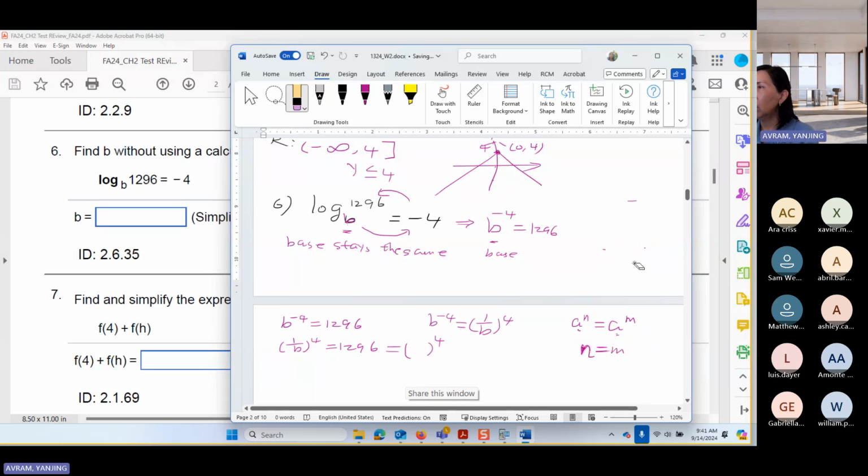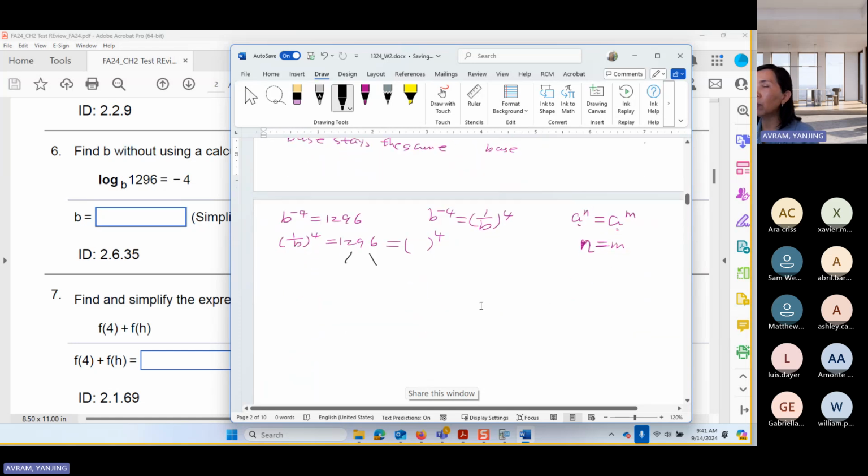All right. Okay. So now let's go ahead and do this one right here. I'm going to break this one down into a power of 4. If you do not know how to break this down into a power of 4, we can divide. You know, this is an even number. An even number can be divided by 2, right? So if I divide it by 2, let's see what we got. This will be 648.